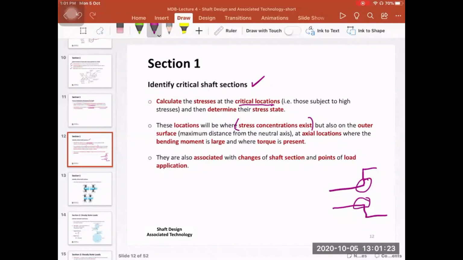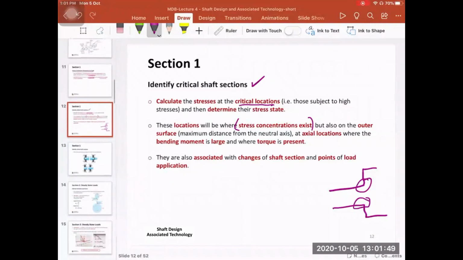We draw the shaft, apply the forces coming from the gears, and then draw the bending moment diagram and the shear force diagram. Based on that, we identify the locations where the bending moments are quite high and the shear due to torsion is quite high, and we identify those places as the critical locations on the shaft.